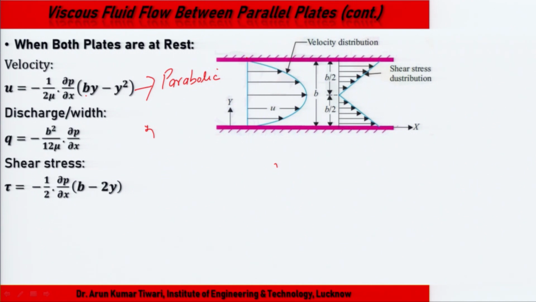At y equal to 0, the velocity is 0, and at y equal to b it is also 0. So at both ends the velocity is 0.